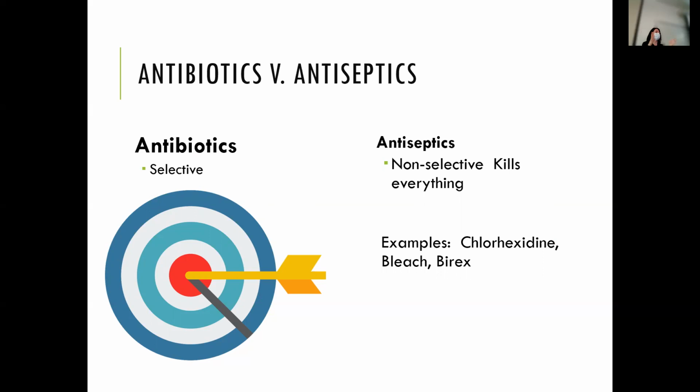So chlorhexidine, that's the mouthwash that we prescribe to patients after surgeries, like oral surgeries, or if they can't brush and floss very well, if they're in the hospital or something like that, they might get chlorhexidine. That wipes everything out. Bleach is another example. Birex, oh my gosh, the wipes that we use, Cavicide, it just wipes everything out.